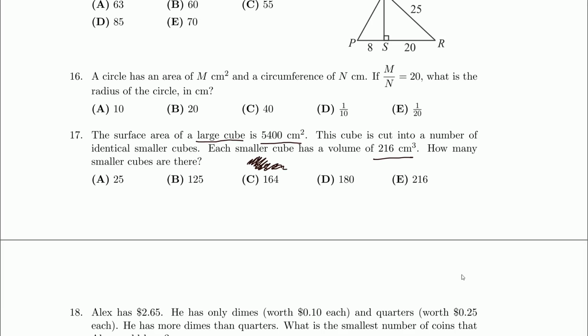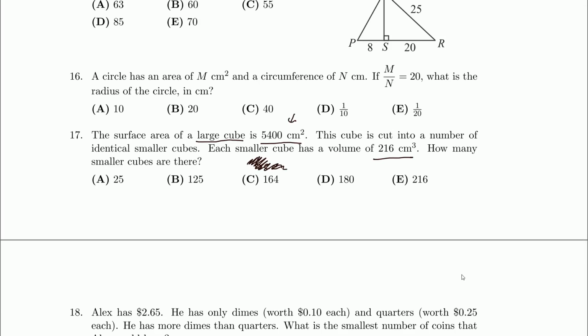This wouldn't work with, say, surface area. Figure out the surface area of the larger cube, divide it by surface area of the smaller cube. That wouldn't work out. But the volumes, because we're basically physically chopping up the three-dimensional cubes into other three-dimensional sort of packets, we're chopping up the volume.